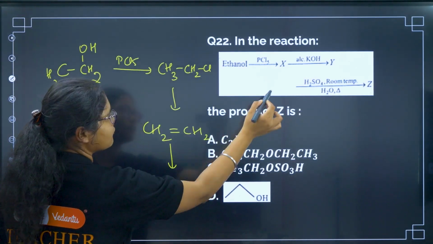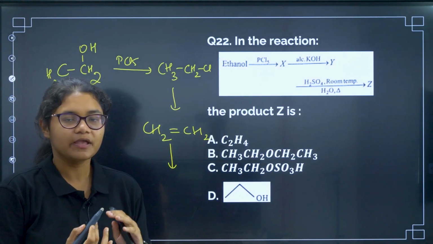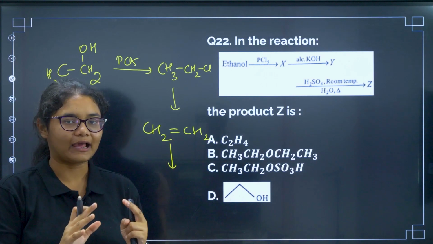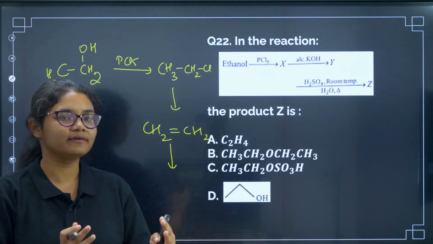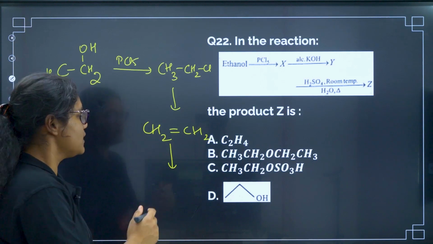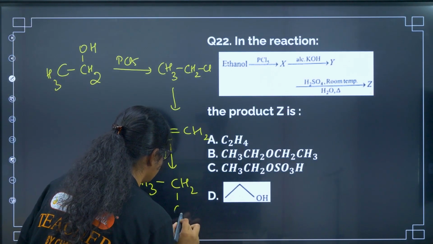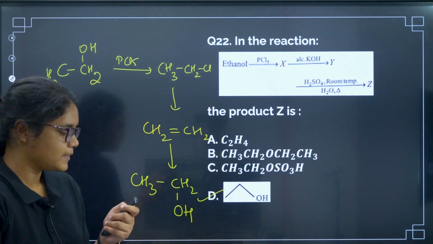Then when you treat with water, this is addition of water under acidic condition. So this generally follows Markovnikov's rule, but in case of symmetrical alkenes, there is no question of Markovnikov and anti-Markovnikov rule. Wherever you attach, the product will be the same. So we can attach any one carbon with H and any one carbon with OH. So the correct answer for this question will be option number D.